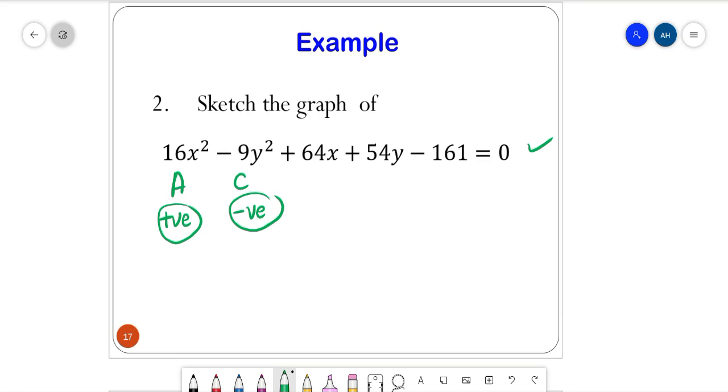Now, what we have to do is convert the equation from general form to standard form. In order to do that, we need to know what we call completing the square. Let's do that first.